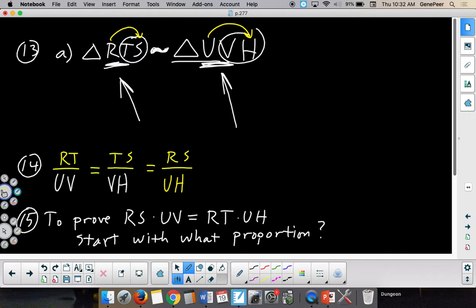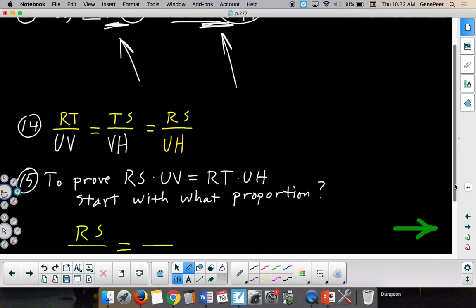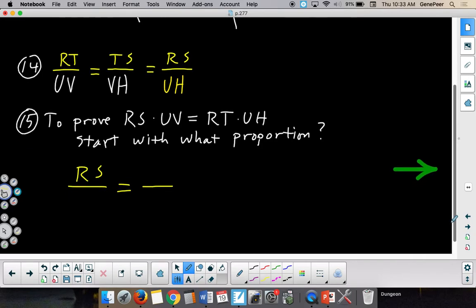Number 15. If we wanted to prove that RS times UV is actually equal to RT times UH, it looks like they cross-multiplied something. So we would have to start with, watch this.